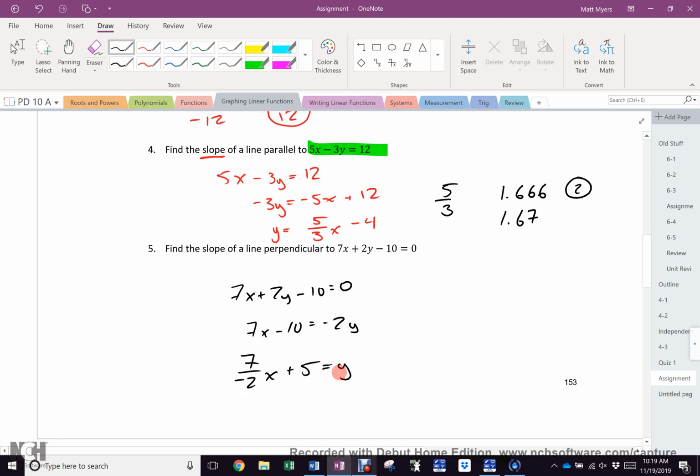What is the slope of that line? Negative 7/2. What is the slope of every line that is perpendicular to that? The opposite and the reciprocal. 2/7 for 2 marks.